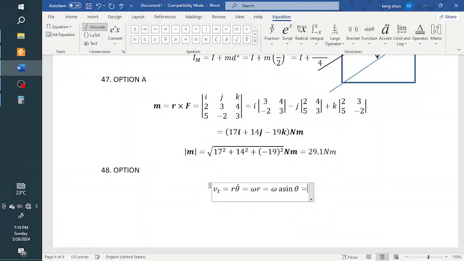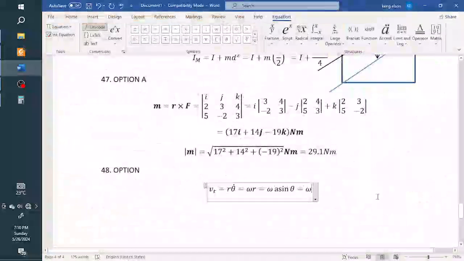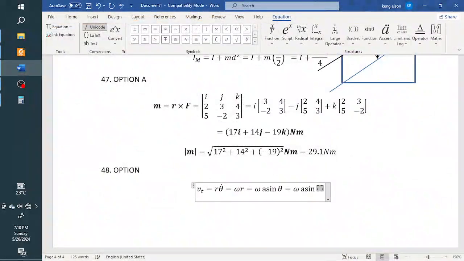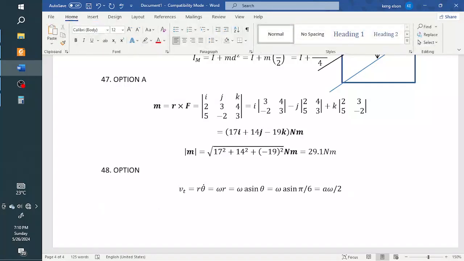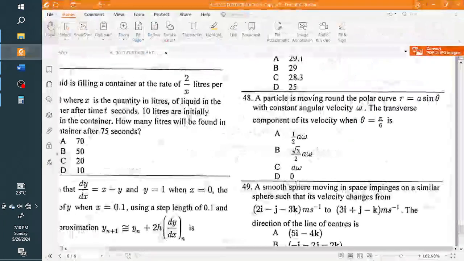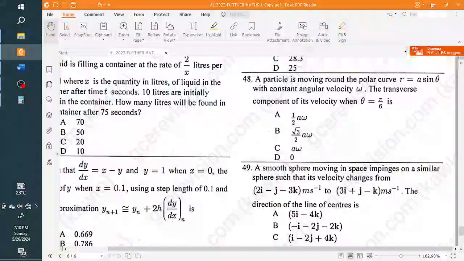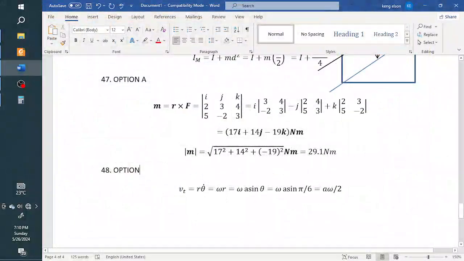Now I need to replace theta with pi over 6. Sine pi over 6 is sine 30, and sine 30 is half. So we have a omega divided by 2. So option A is correct. Alright, question 49.